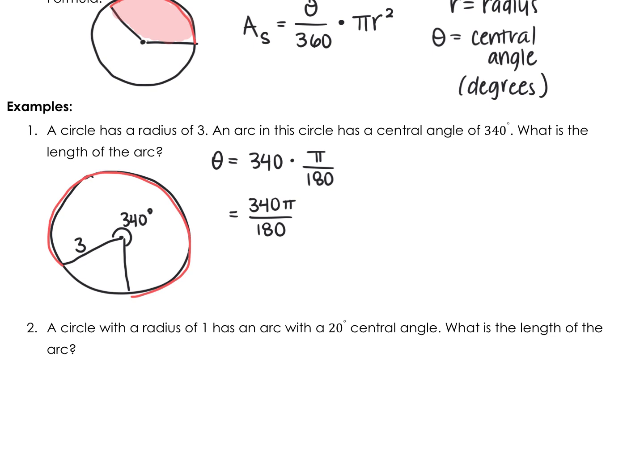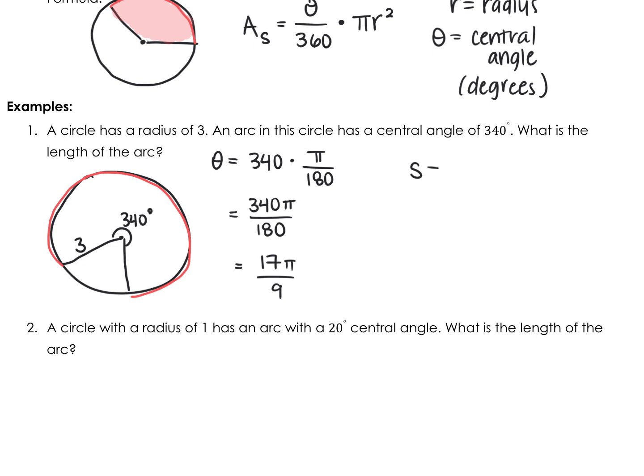And now I just need to simplify the 340 over 180, which is going to become 17 pi over 9. Now, I don't want to write a decimal here for theta. If I'm going to write a decimal for my answer, I want to wait until the very end. That way my answer is as accurate as possible.